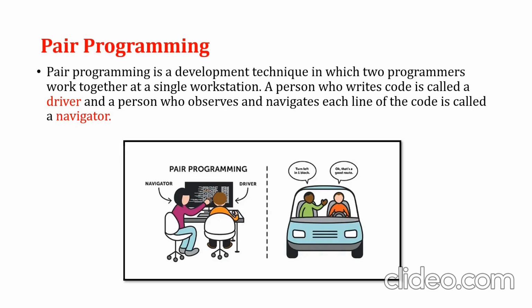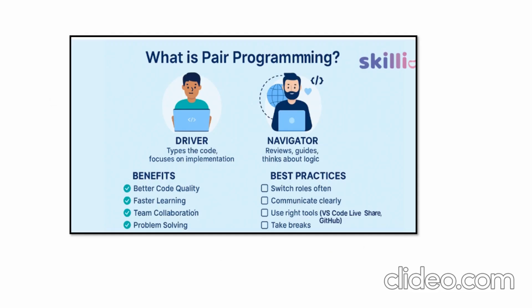The driver is responsible for writing the code and actively working with the keyboard and mouse. The second person is called the navigator. The navigator observes the code being written, reviews each line, identifies possible errors, and thinks about the overall solution.